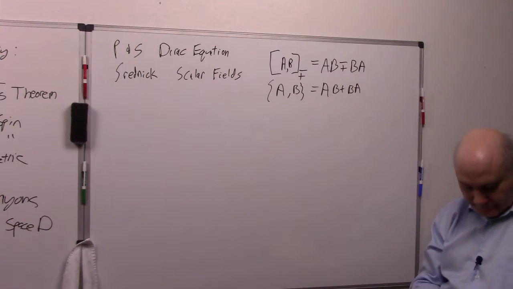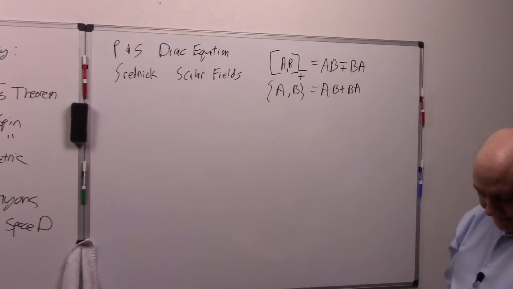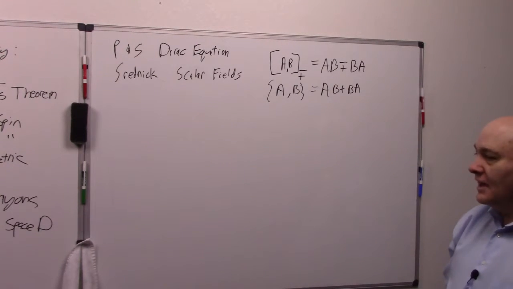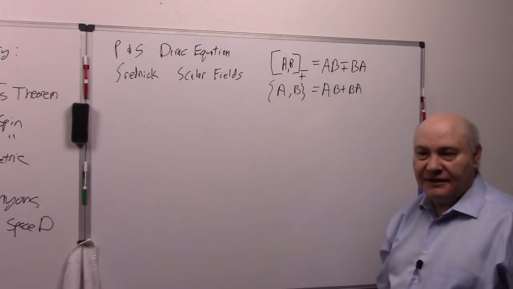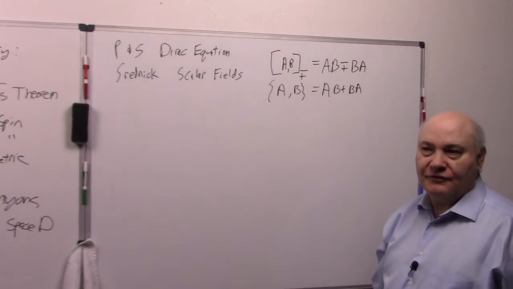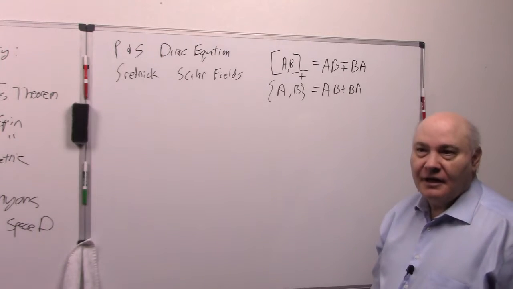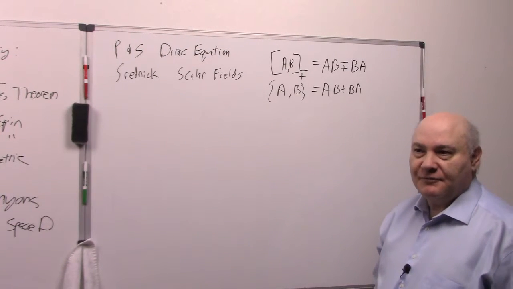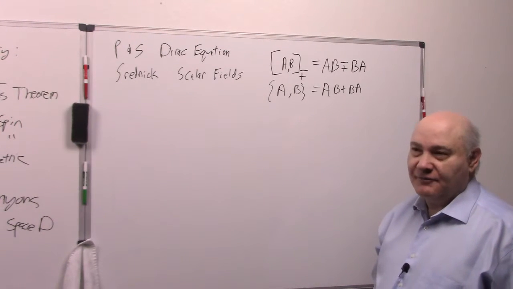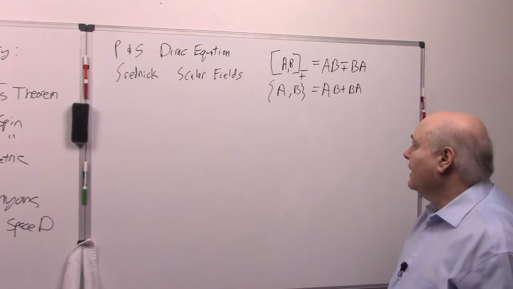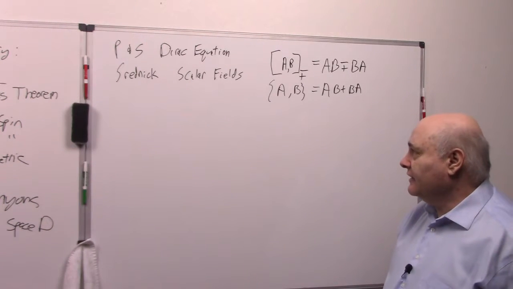Now, Weinberg in his books naturally has a complete treatment of this. And if you want to get the whole deal, read, I think, chapters 4 and 5 of volume 1 and chapter 6 too of his book. And he does it in great detail.